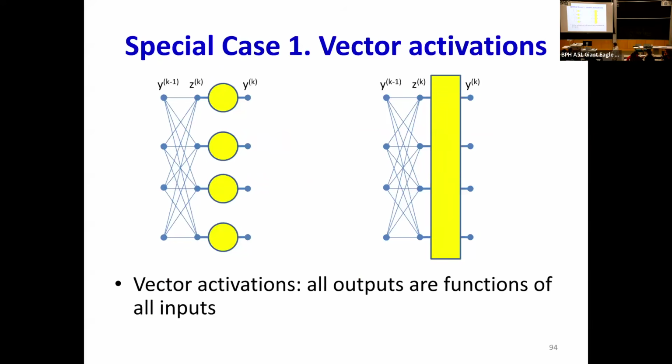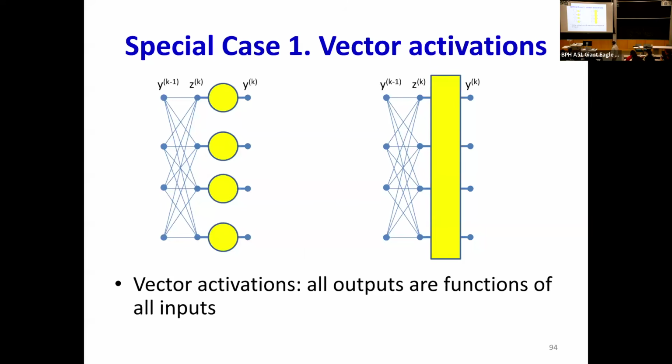The first one is vector activations. In the scalar case, you had activations of this kind where the activation applied individually to each of the z's. But in the vector case, we saw a generic function where the function was of the nature where if I change this z, that y might change. So the second case can be thought of as a generalization of the first case, right?